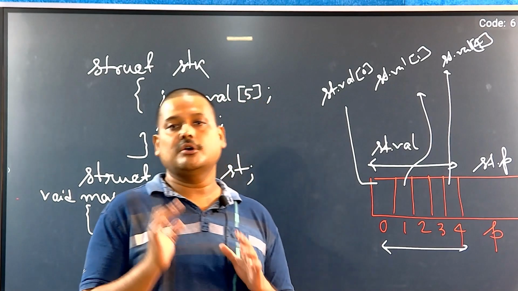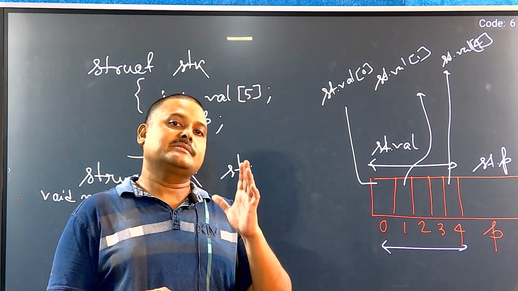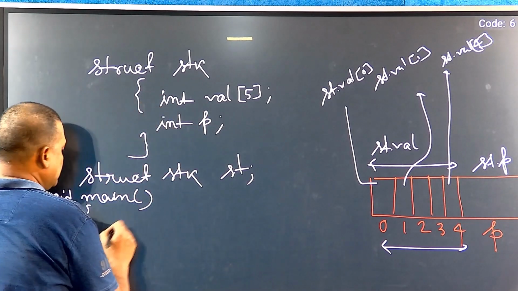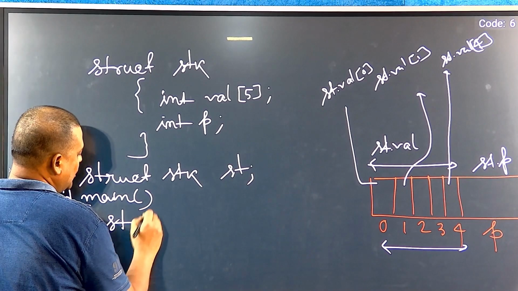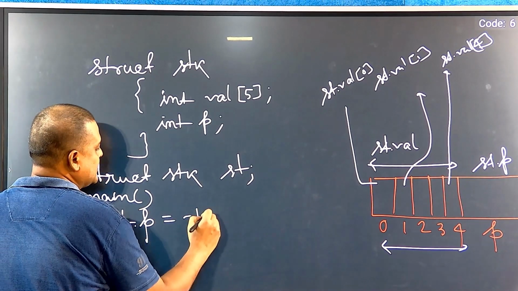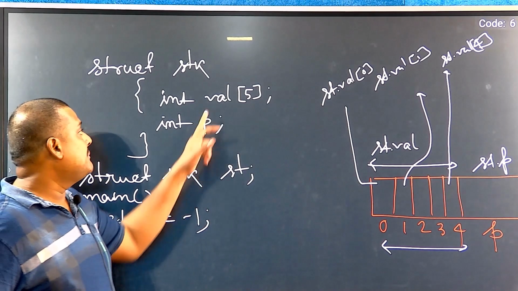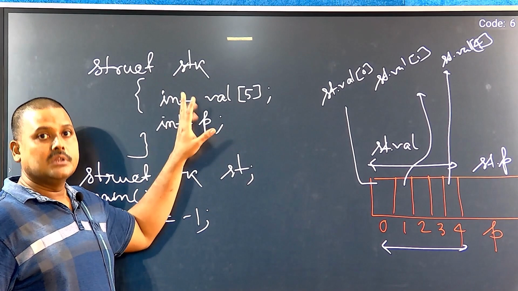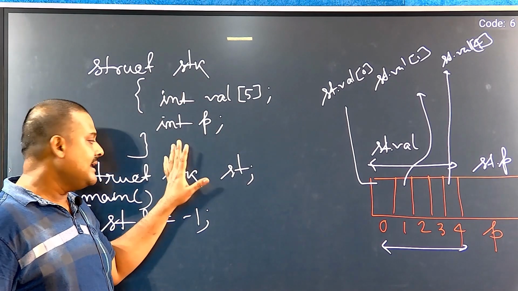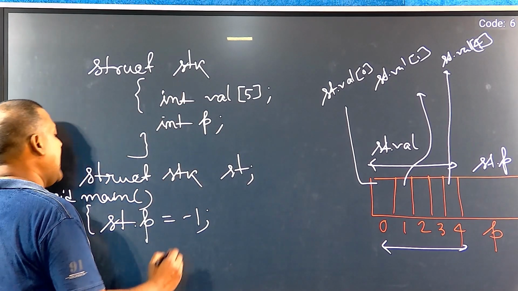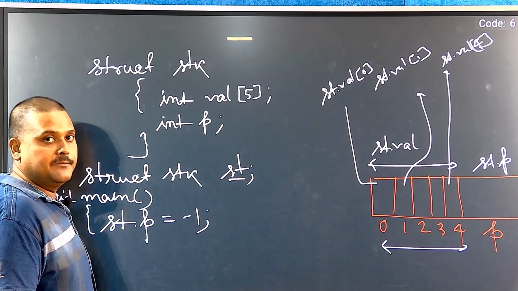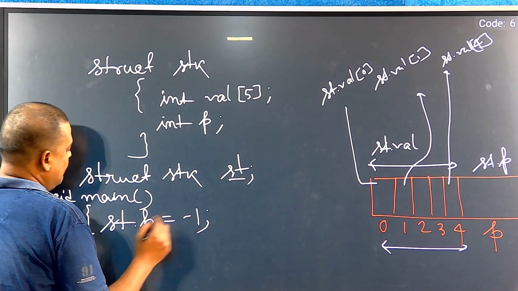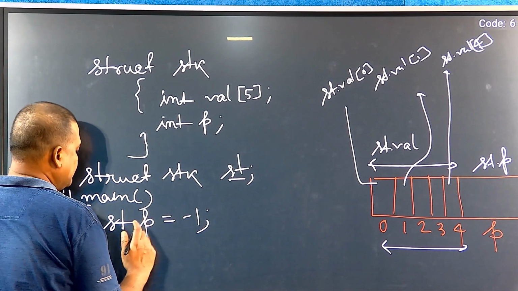Because we want to say that the stack is initially empty, and that is defined with the help of -1. So, we will write st.P = -1, because P and val are member variables of the structure. They cannot be accessed directly. Whenever we access them, we have to use the structure variable st. In the last video we discussed this; you can go through my pointer or dynamic allocation video, where you will observe all these things.